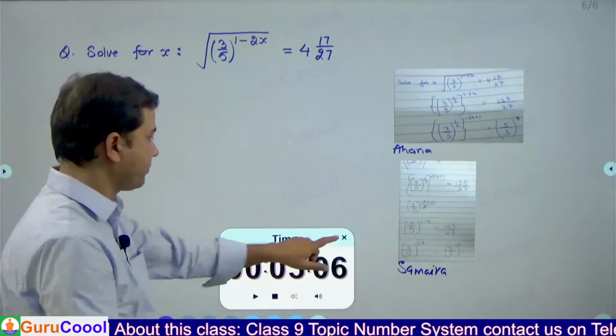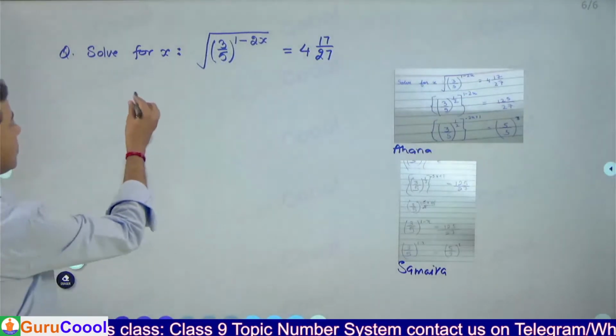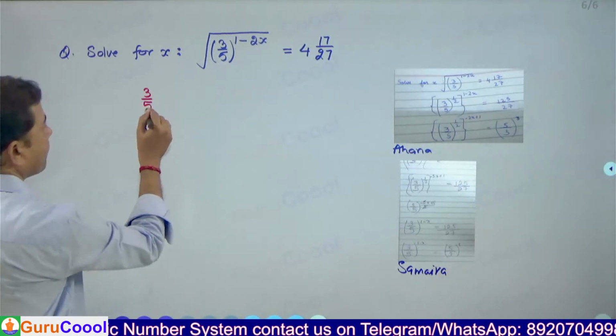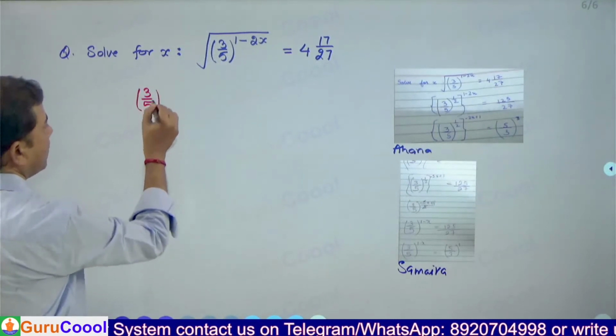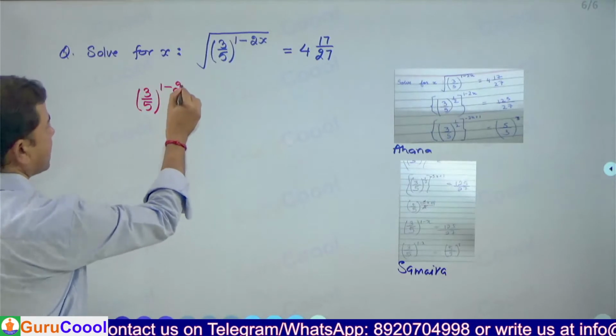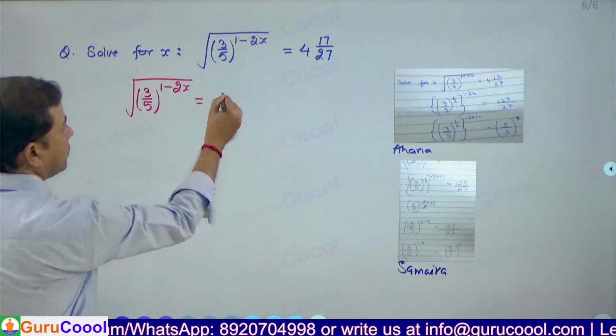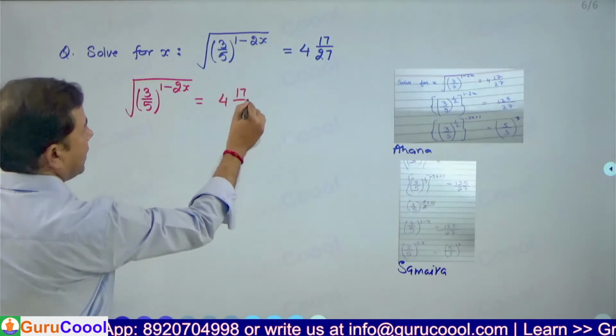Okay. So our question is 3 by 5 raised to the power 1 minus 2x under a square root equals 4 and 17 by 27.